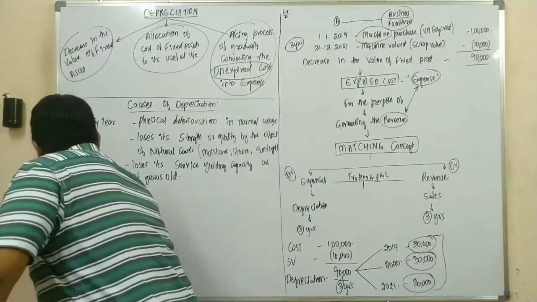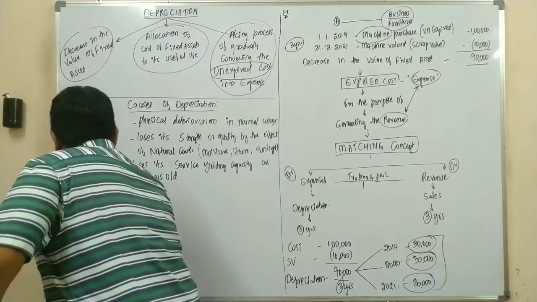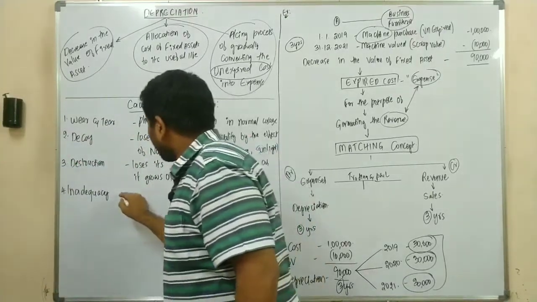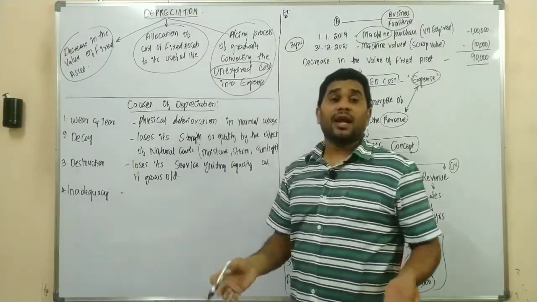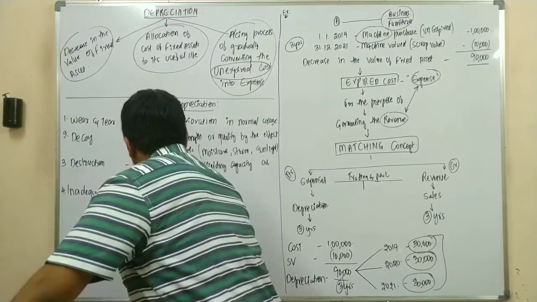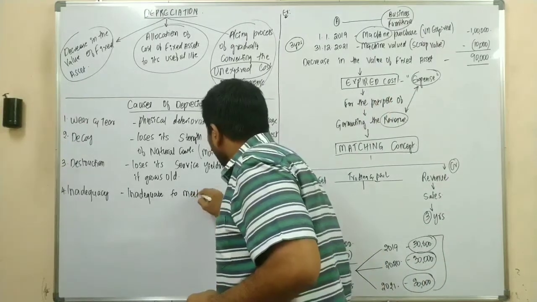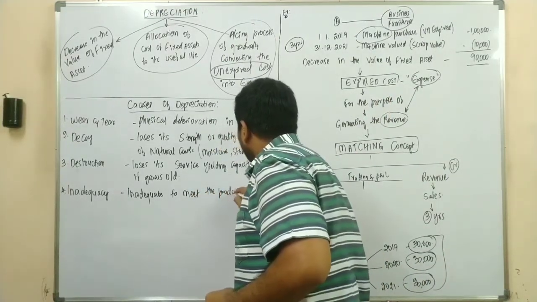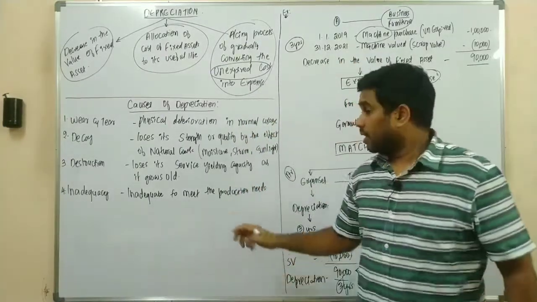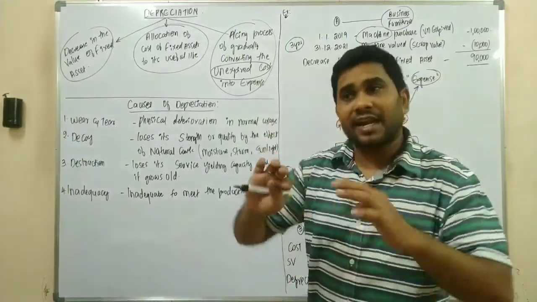Your fourth cause would be inadequacy. Sir, what is the meaning of inadequacy? Whenever an asset becomes inadequate to meet the production needs, then in that case that asset needs to be replaced, yes or no?